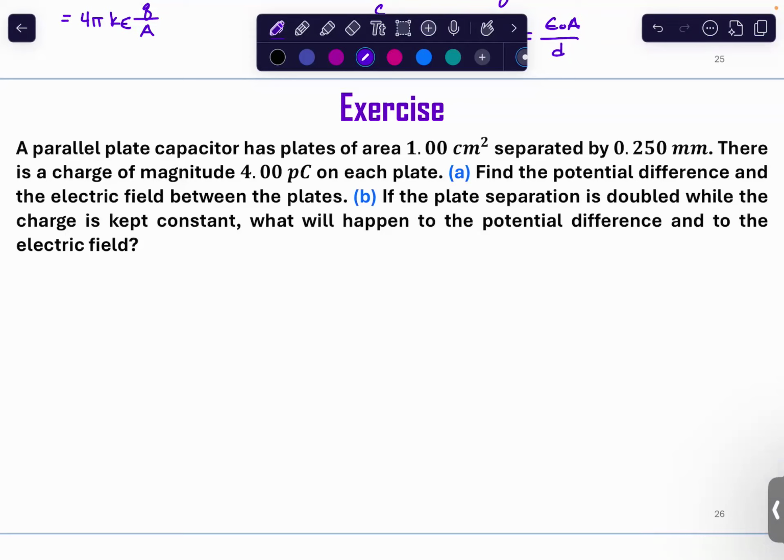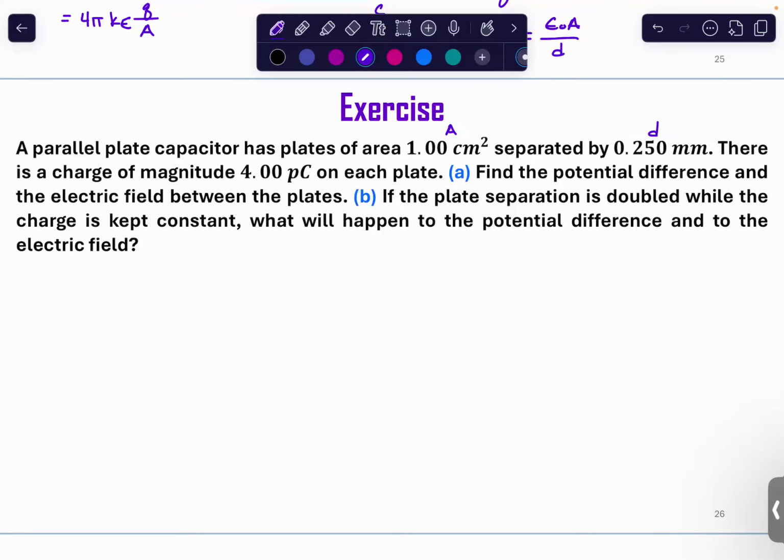Alrighty. So we have a parallel plate capacitor. Both plates have an area of 1 square centimeter, separated by 0.250 millimeters. So again, that's your D, and that's your A. There's a charge magnitude of 4.0 pC, picocoulombs.